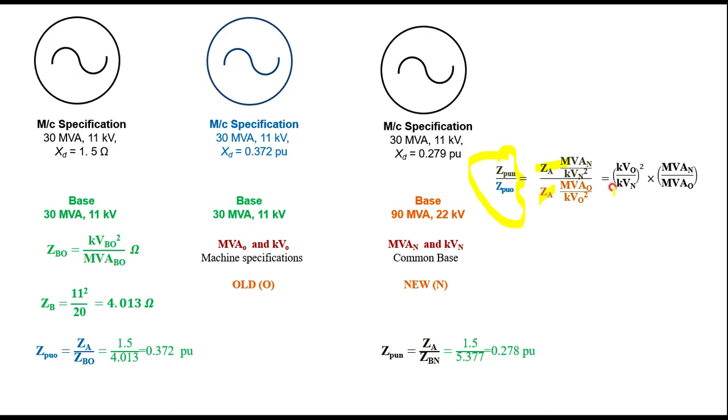Then what I am getting here is kVo square divided by kVn square into MVAn by MVAo. Just take the ratio of Z per unit new to Z per unit old. The ZA is the same on both numerator and denominator. Instead of ZBO, you have to put this equation, and in the ZBN, instead of O, you have to put N. The equation remains the same.